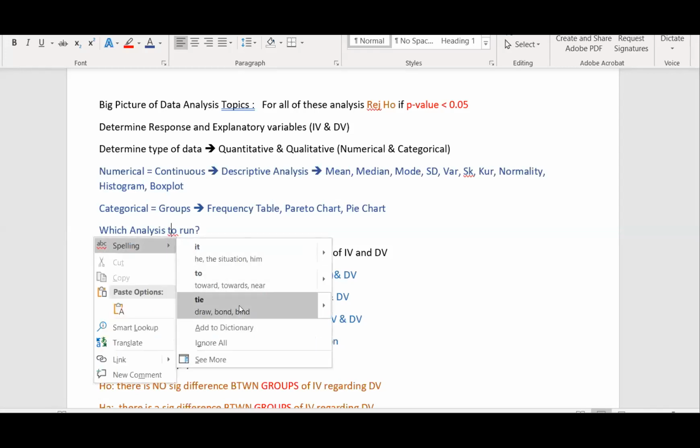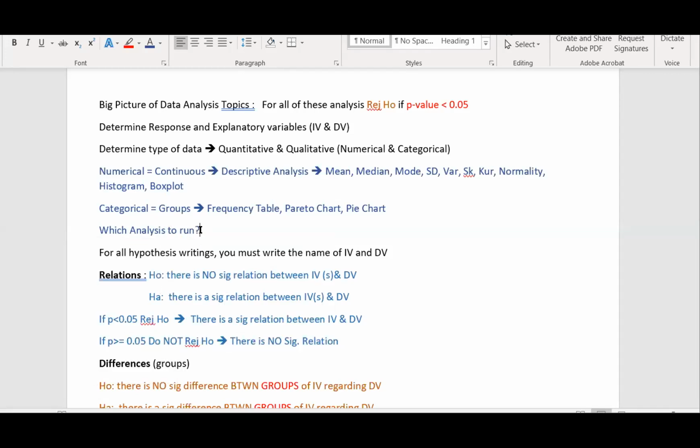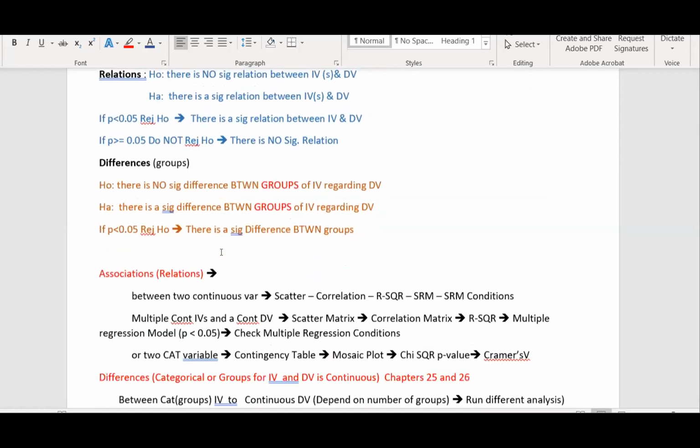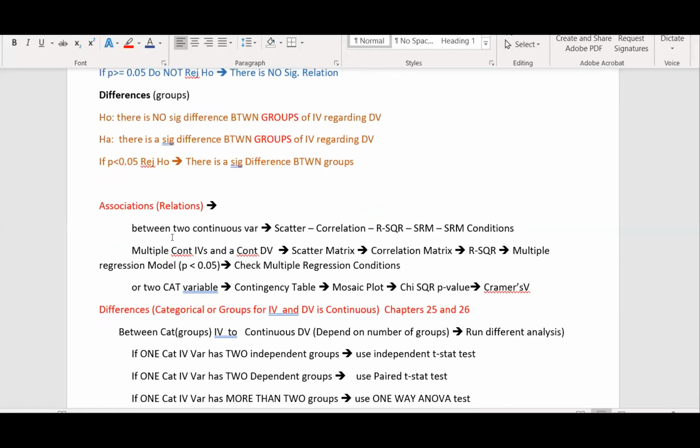Depends on IV and DV. How? It's all down here. If you have one IV, one DV, both continuous, these are the analysis: scatter plot, correlation, R-square, simple regression model, and checking conditions.